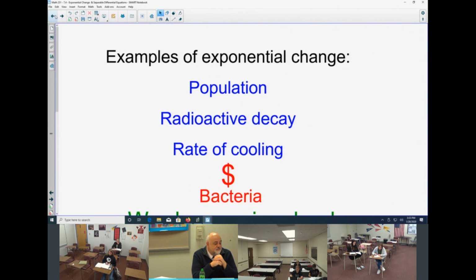Rate of cooling. If you take something out of the oven, how long is it going to take to cool? Or the rate of heating. Have any of you ever tried to cook frozen meat? It's a bad idea.